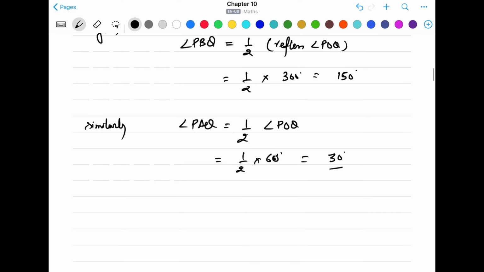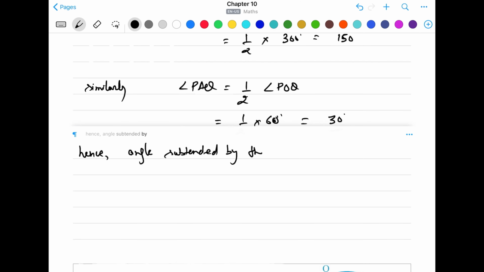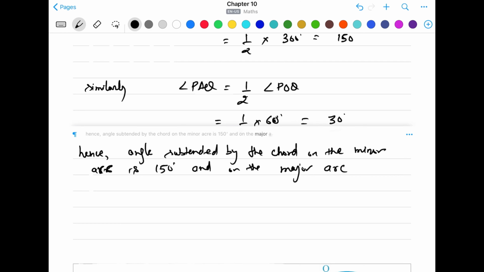Okay, that's the answer of this question, or we can write in the end, hence angles subtended by the chord on the minor arc is 150 degrees, and on the major arc is 30 degrees.